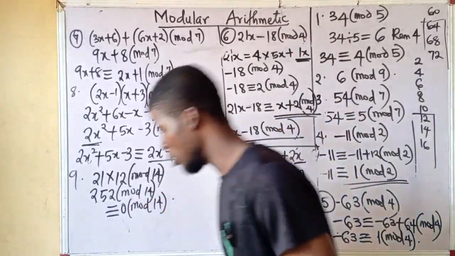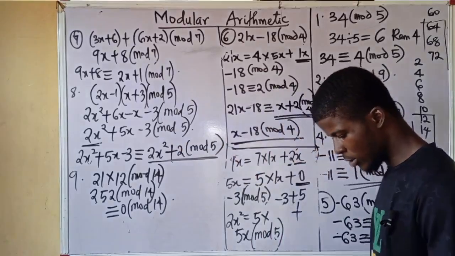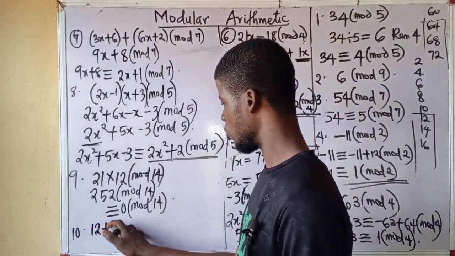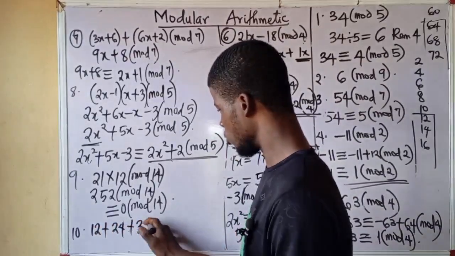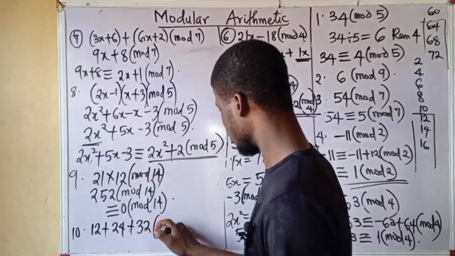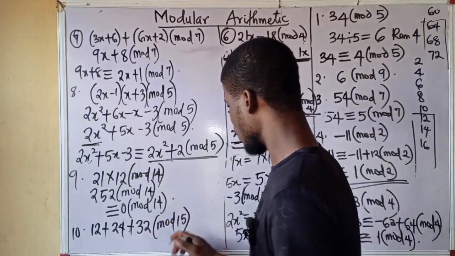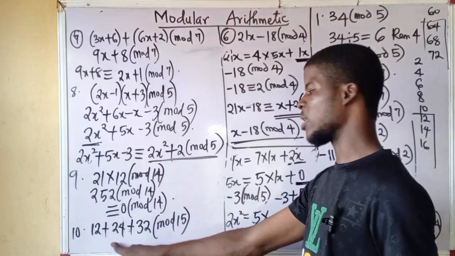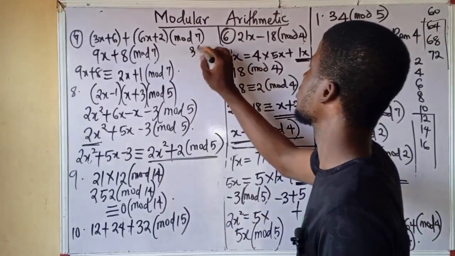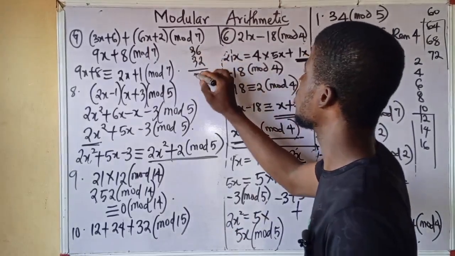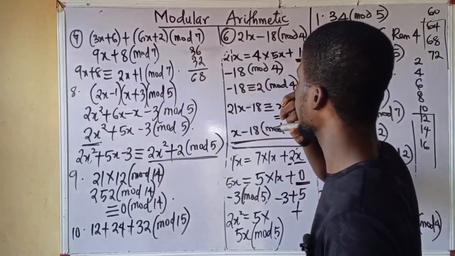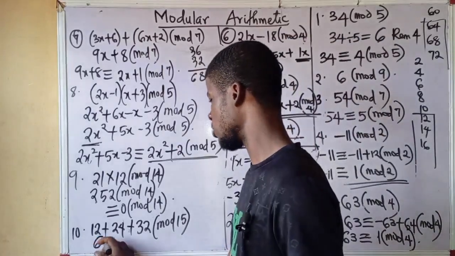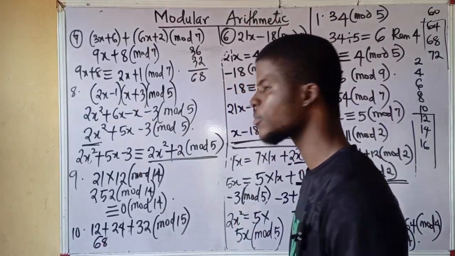You get the point now? Alright, so let's proceed. 12 plus 24 plus 32 modulo 15. 12 plus 24 is 36. 36 plus 32 is 68, right? Yes, 68. So this is actually 68 modulo 15.